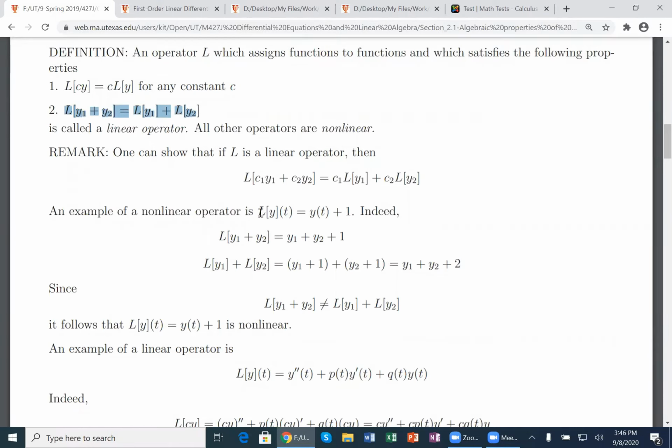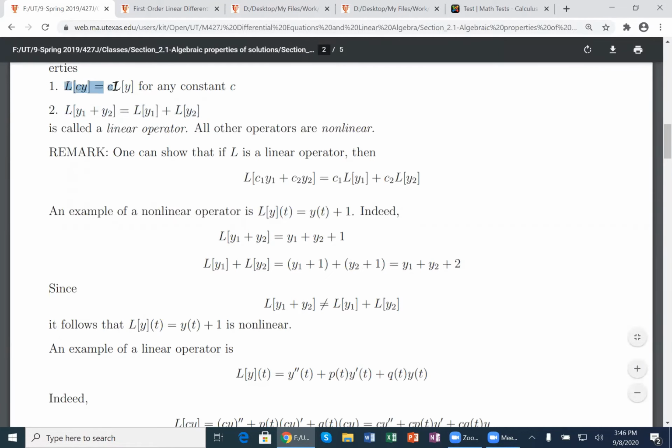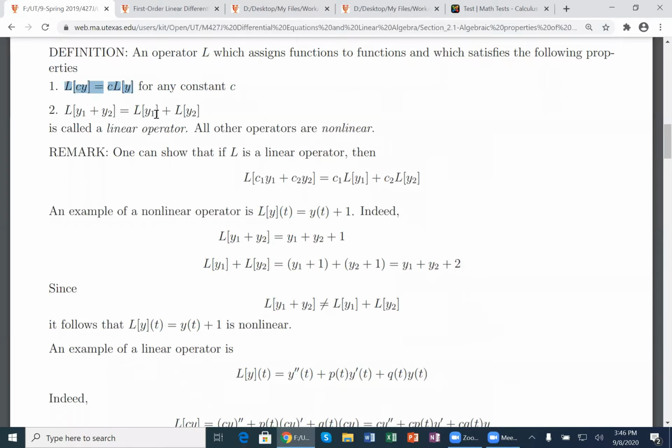Let us show that this operator fails property number 2. By the way, one can show that it also fails property number 1. But as I said, it is enough to show that it fails one of these two properties. So let us show that it fails property number 2.